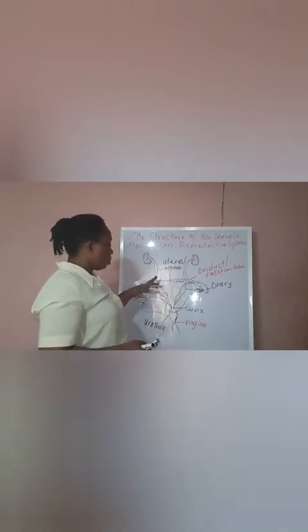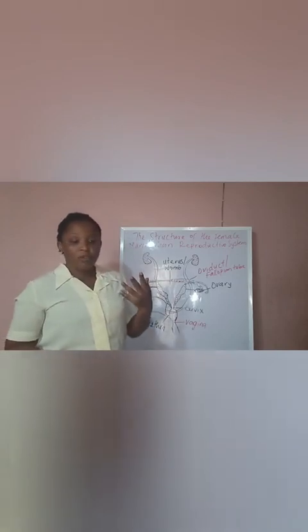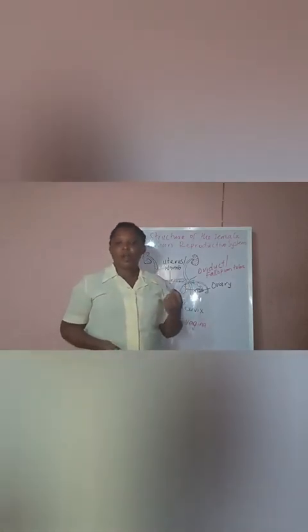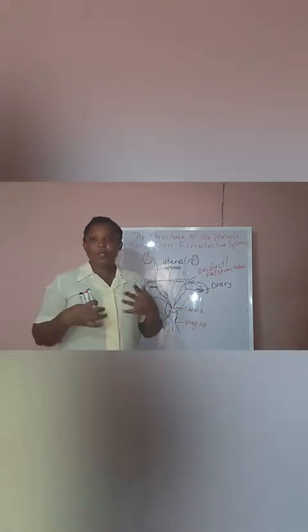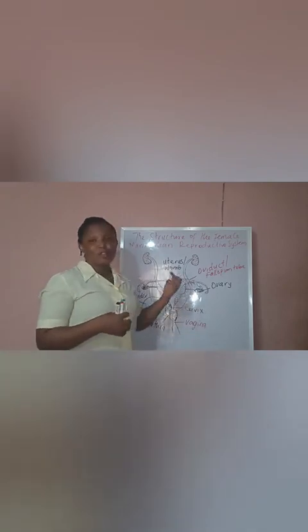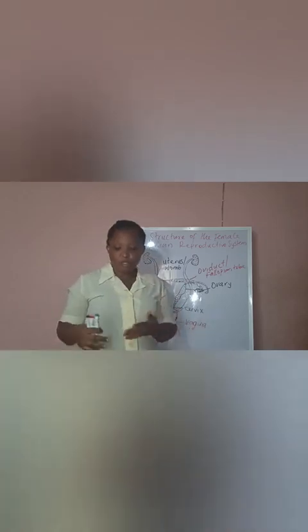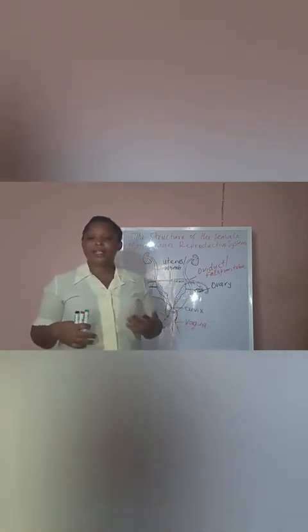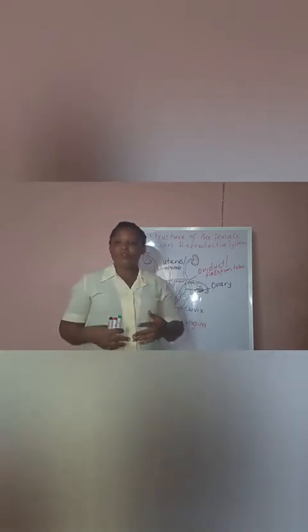So we have other structures in the female reproductive system that are not included in this diagram, because these are the internal structures of the female reproductive system. The structures I'm talking about now are the external structures, located on the outer part of the female body.